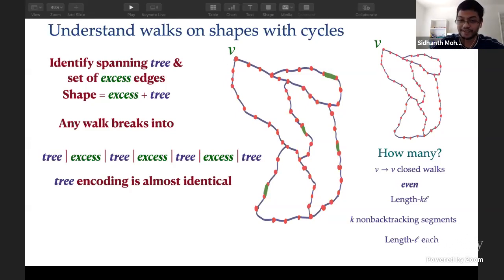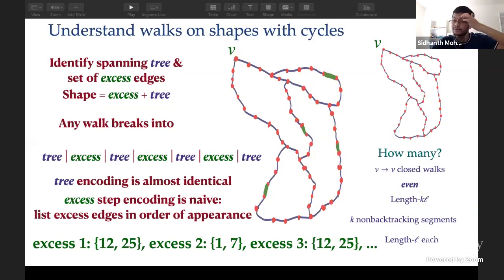But suffice it to say that an almost identical idea works for encoding these segments of the tree walk. The way we're going to encode excess steps is also rather naive. For each excess step that appears, we're just going to make a big list of excess edges in the order in which they appear in the walk. I wrote an example encoding at the bottom.